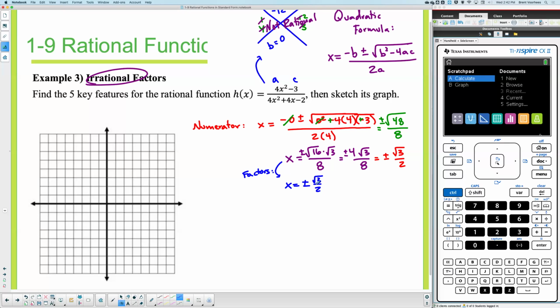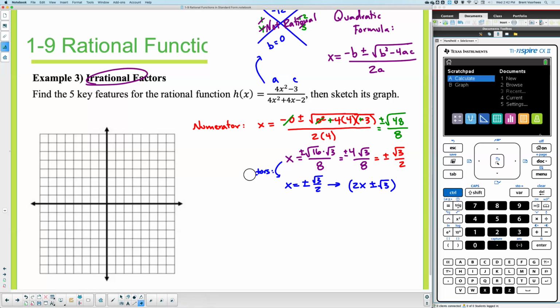What's the opposite of dividing? Multiply. It's going to become 2x plus or minus the square root of 3. That means it's going to be 2 separate factors. It's a conjugate pair. Do you remember that term, conjugate pair? We'll have 2 separate factors, 2x plus the square root of 3 and 2x minus the square root of 3.